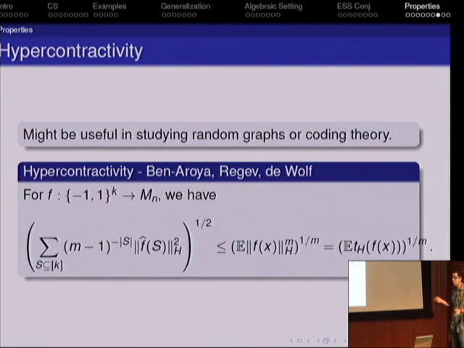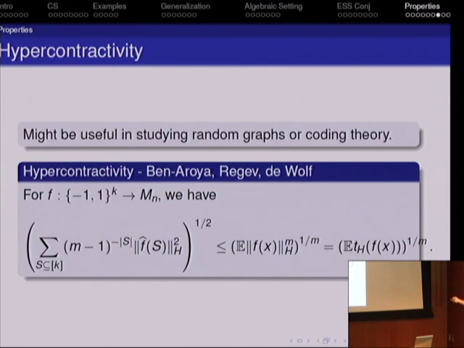So what does it mean? Let me just state the inequality. I think it might be useful in studying certain random graphs, not Erdos-Renyi, but more complicated random graphs, or some application in coding theory. Suppose I have a function from the hypercube, {-1,1}^k, to Mn, the space of n by n matrices.